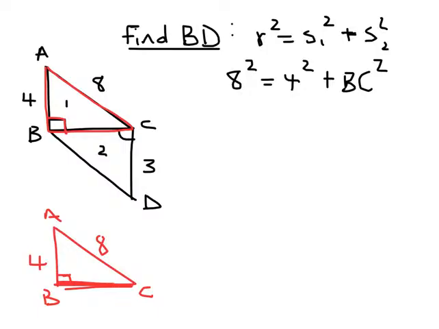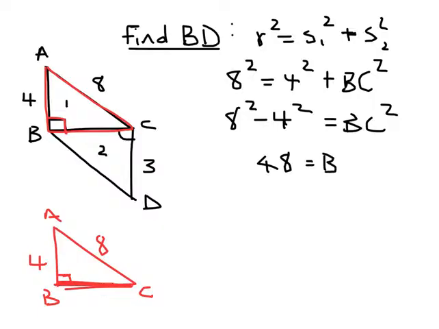So let's see. Obviously, you end up having your 8 squared, where you need to minus 4 squared, which will be equal to BC squared. Let me quickly get my calculator and punch that in. When you say 8 squared minus 4 squared, it equals 48. So that means 48 equals BC squared.